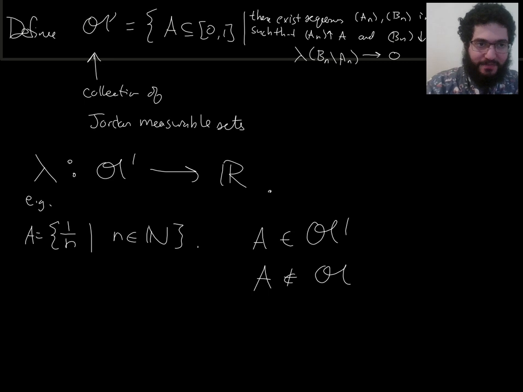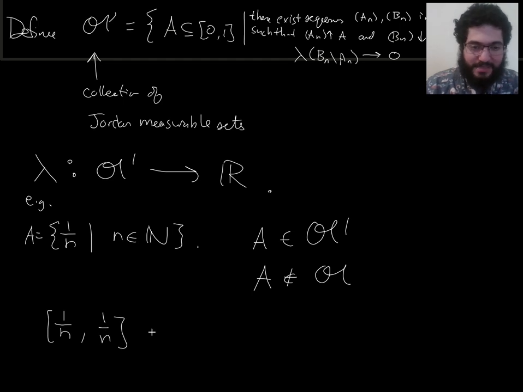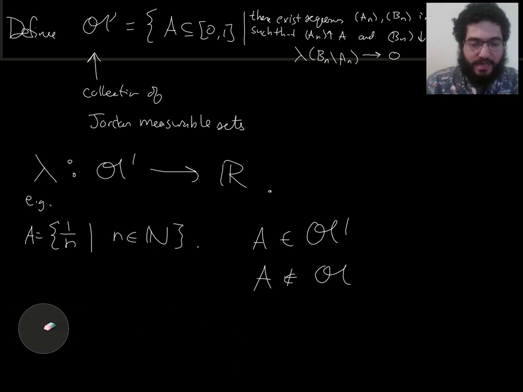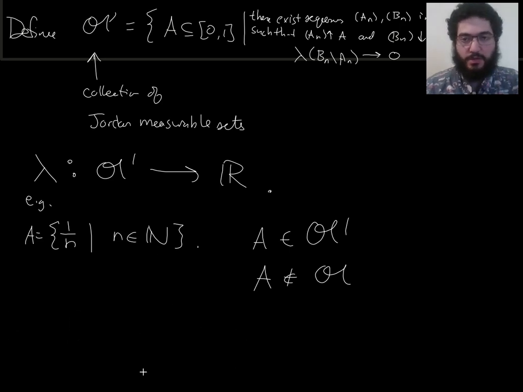So for any given element of A, like 1 over n for a particular natural number n, the largest interval it's contained in is this interval, right? And A has infinitely many elements, so the only way to write A as a union of intervals would be as an infinite union of intervals. There's no way to write it as a finite union of disjoint intervals. Okay, so definitely it's not one of the elementary sets.